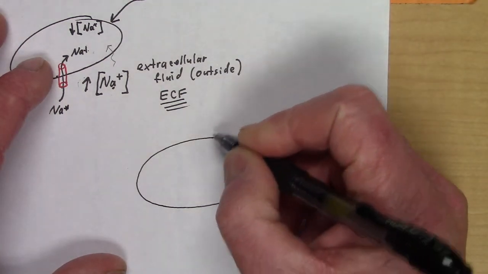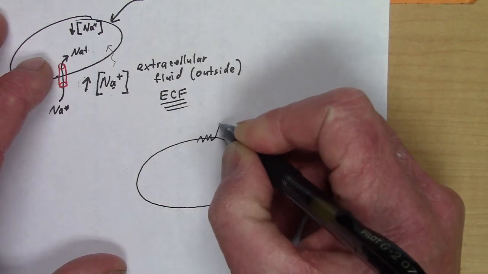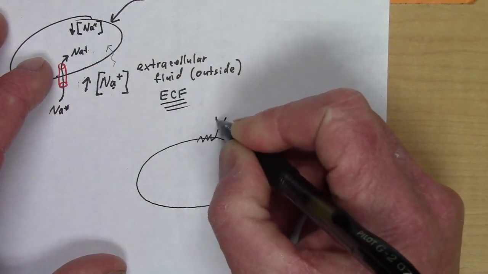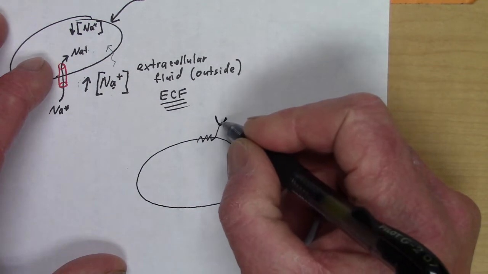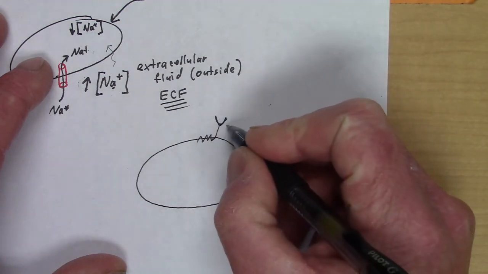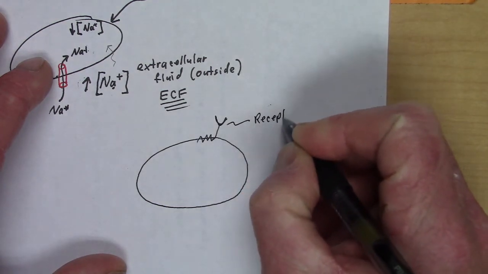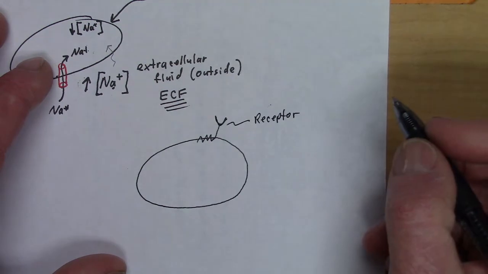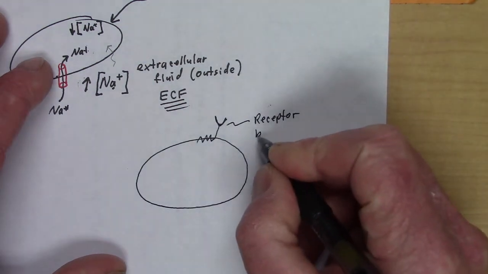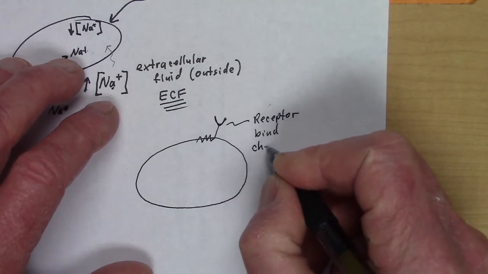Remember, this is a phospholipid bilayer, and some of these proteins are woven through the membrane, and they project to the extracellular side. This is outside the cell, and they act as a receptor. These are chemical receptors, and they bind chemical signal molecules.